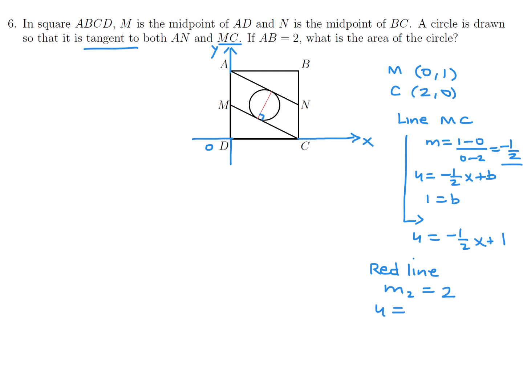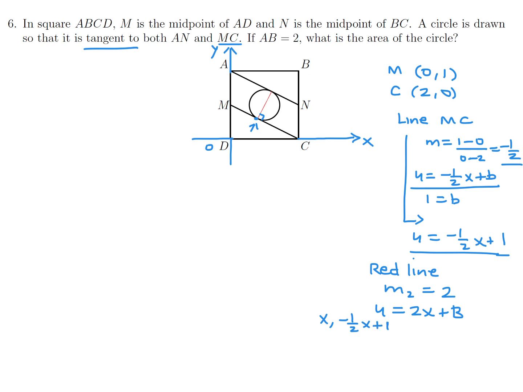So that equation would be y is equal to 2x plus b. And this point right there is on that red line, and it's also on MC. So that point, whatever you want to call it, has the coordinates x, y, but y is that right here, because that's the equation of that line. So the coordinate would be of this form.